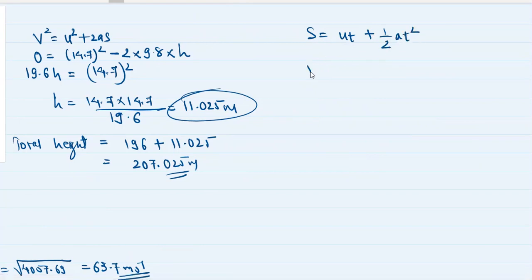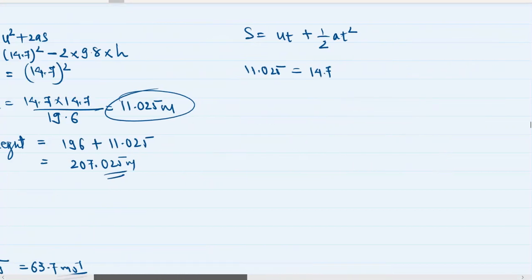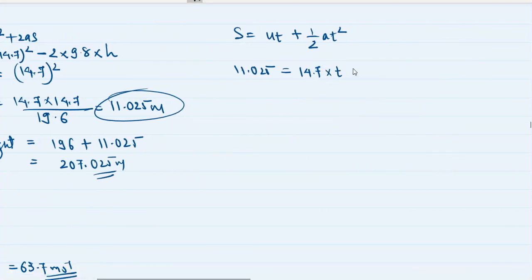Now S is 11.025 is equal to u, that is the initial velocity with which the stone is thrown upward, that is 14.7 multiplied by the time. We have to find the time taken to reach the maximum height, so multiplied by t. Now it is thrown upward, so plus half multiplied by minus 9.8 multiplied by t square. So I think we can simplify this and get the time.